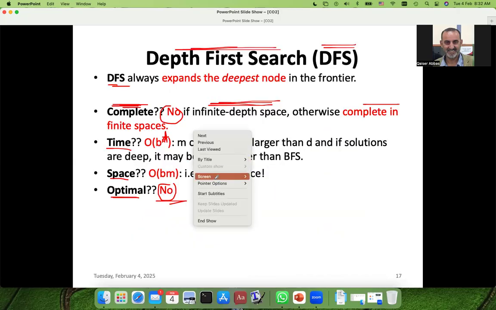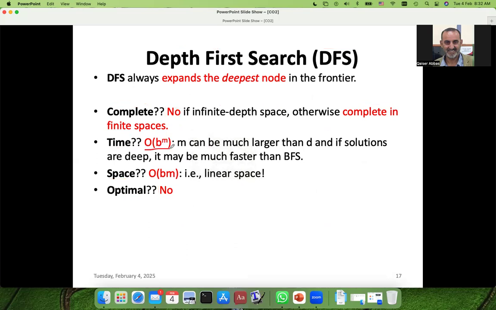So then, order of b raised to the power m. And this m, which is the depth of the state space, the depth of the tree, can be much larger than d. d is the depth of the least cost solution. So m can have a much larger value than d if your solutions are deep in the tree.